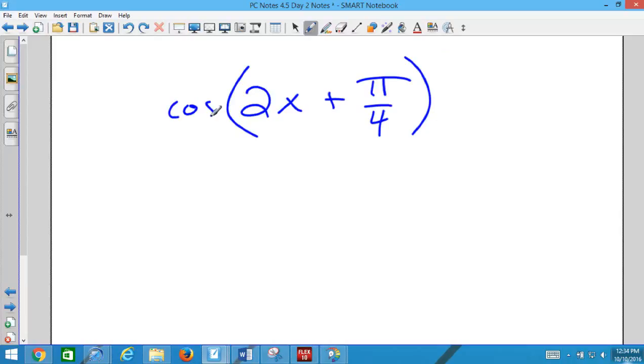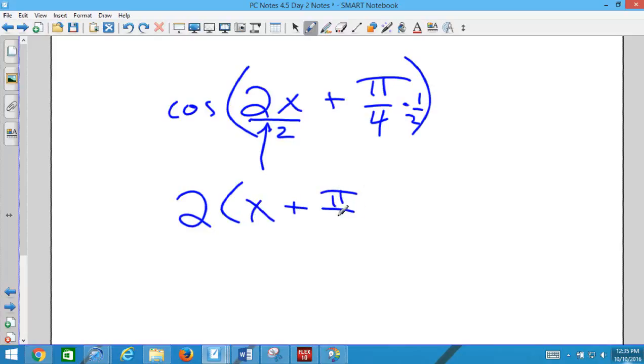To factor that out, I'm going to have to divide by 2, which is the same thing as multiplying by half. So we have a 2 out here, and we have pi over 8. And if you're not sure if you've done it correctly, just distribute it back in and make sure it equals the original.